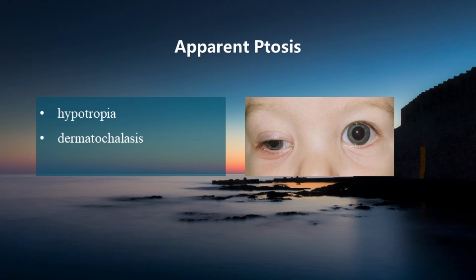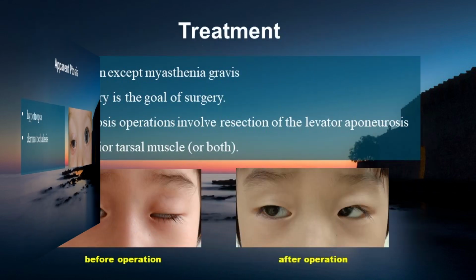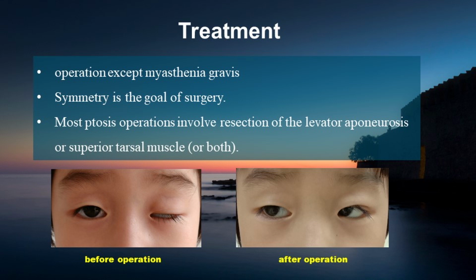Occlusion of the opposite eye, however, reveals the true condition. In severe dermatochalasis, a fold of redundant orbicularis and skin may conceal the lid margin and give the appearance of blepharoptosis. Treatment. With the exception of myasthenia gravis, all types of ptosis are treated surgically.